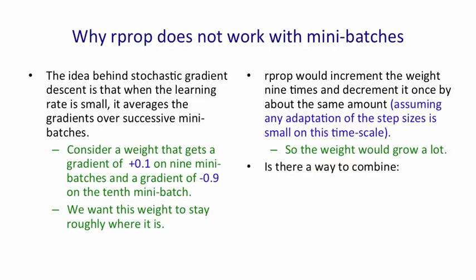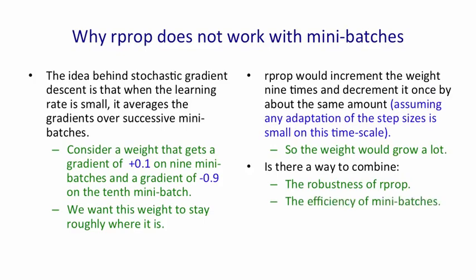So the question is, can we combine the robustness that you get from Rprop by just using the sign of the gradient, the efficiency that you get from mini batches, and this averaging of gradients over mini batches, which is what allows mini batches to combine gradients in the right way?